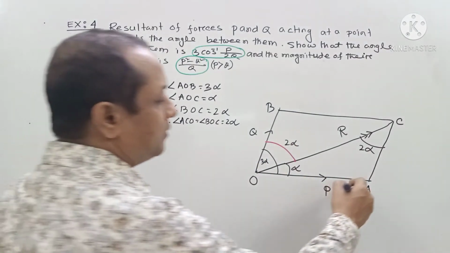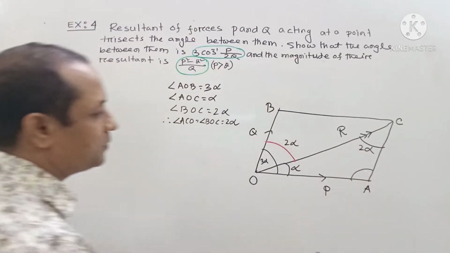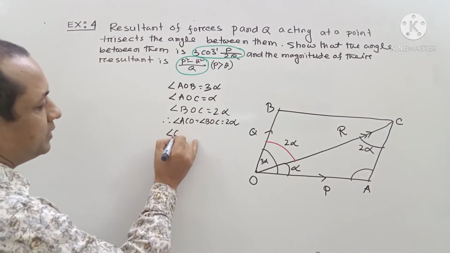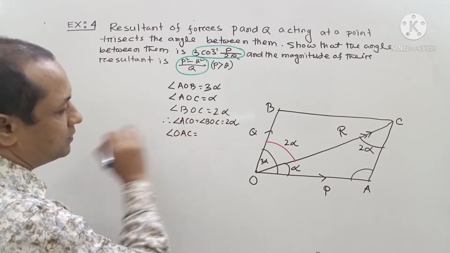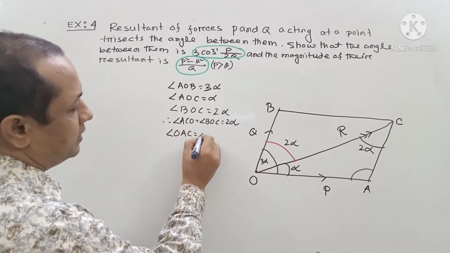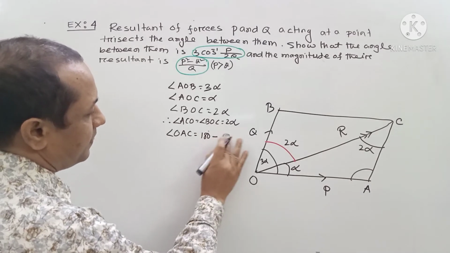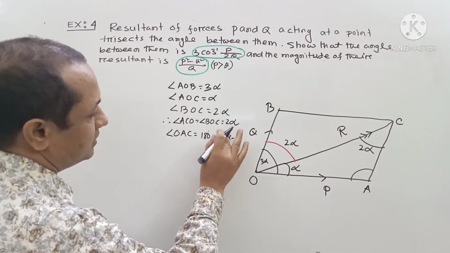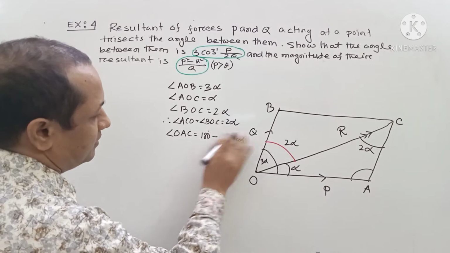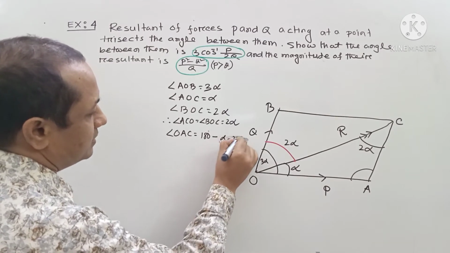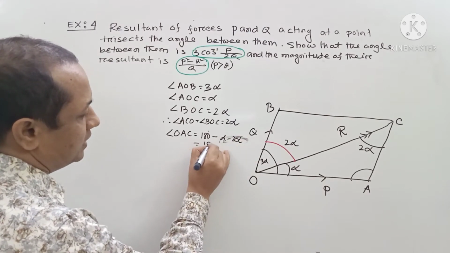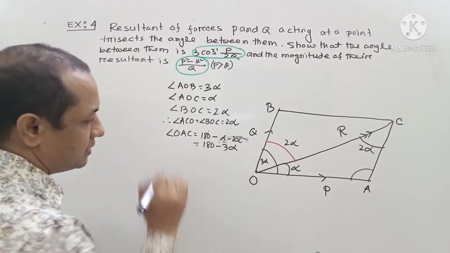So students, I hope that you are clear. And angle OAC equals 180 degrees minus alpha minus twice alpha, so 180 degrees minus thrice alpha.